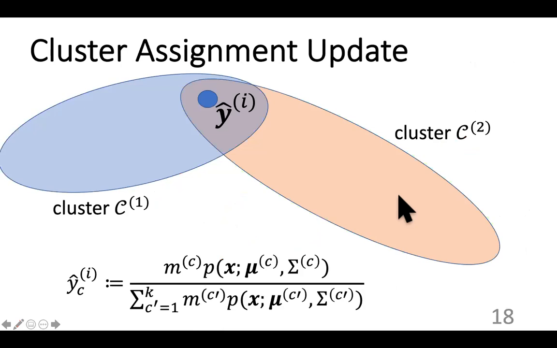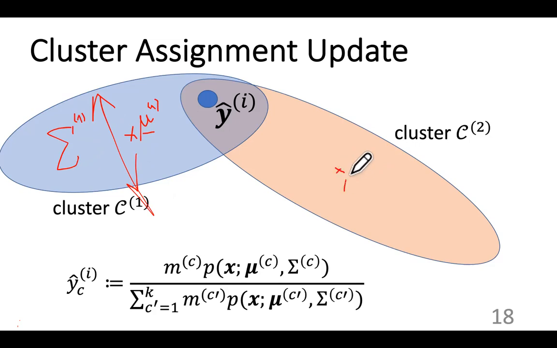Well, assume now we know the cluster parameters. So assume we know the cluster means. This would be mu1, and the covariance matrix for cluster 1, sigma 1. And we also know the mean vector for cluster 2 and the covariance for cluster 2.